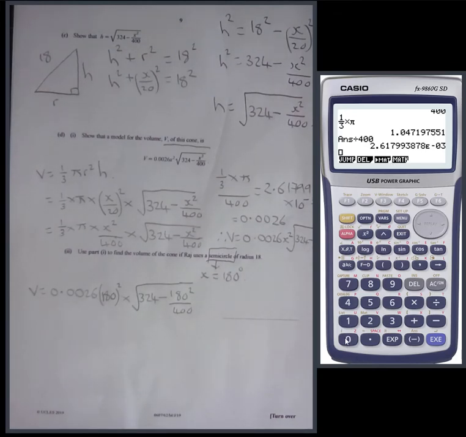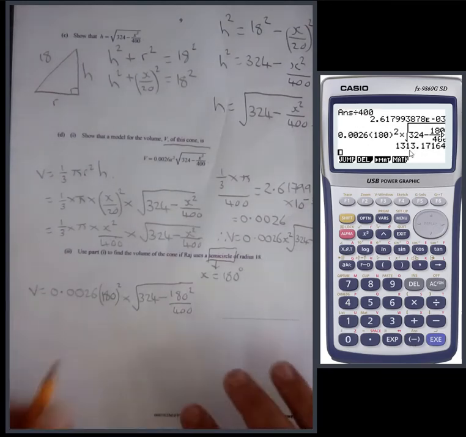So I'm going to type it in exactly as it looks like this. 0.0026 times 180 squared times the square root of 324 minus 180 squared over 400.